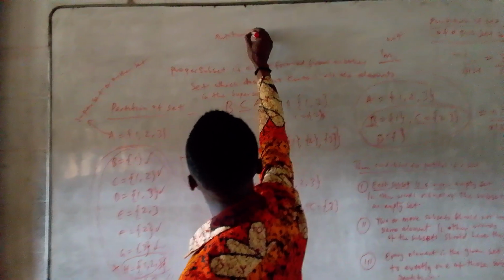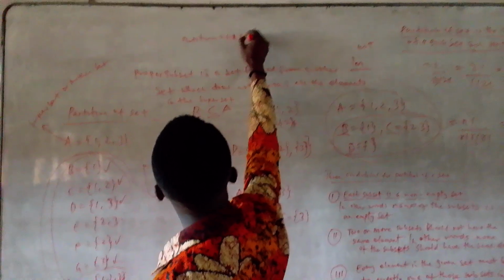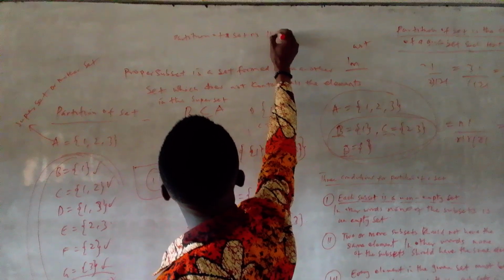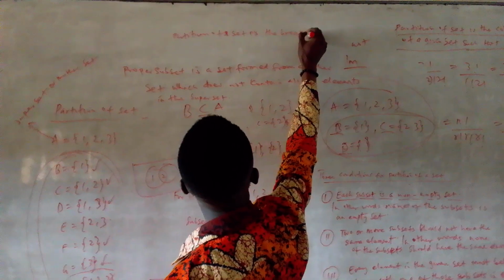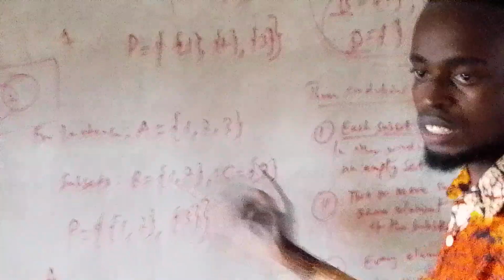You can also say that partition of a set is the breaking of a set, because this set, look up, this set A has been broken into two parts.